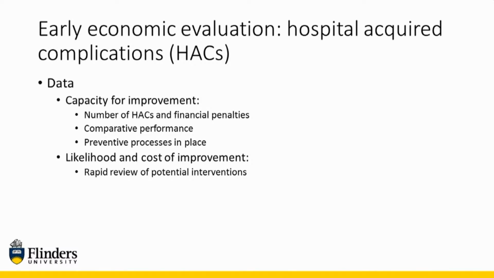We've got data on the financial penalties that we're incurring. We've got data on comparative performance, so we know how one health service is doing compared to all other health services. We've got a traffic light system. And we also can get, without too much effort, information on preventative processes that are currently in place in our local health service, and maybe look at things that are happening in other health services as well.